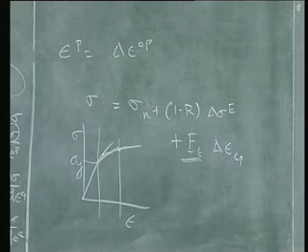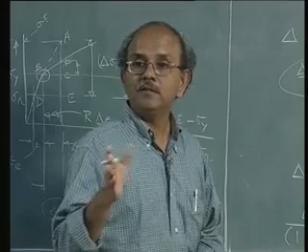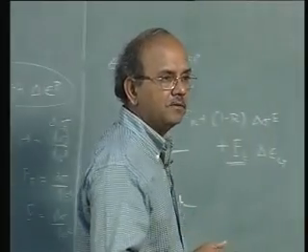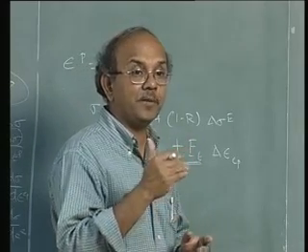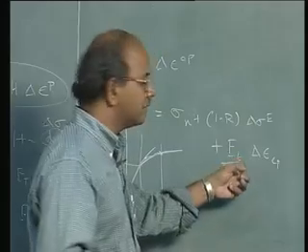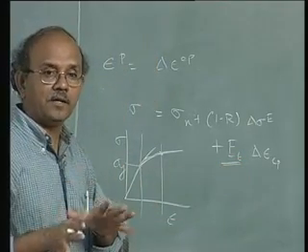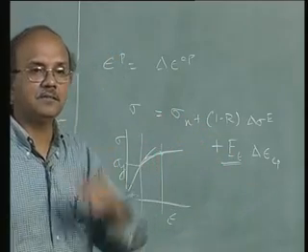Note also that this Et has one more role to play. What is that role? Et also enters into my stiffness matrix. Remember that for this problem, we had written the stiffness matrix to be A ET by L. So, there is an ET there, there is an ET here. So, ET appears in two places, one in the stress update and another in the stiffness matrix.